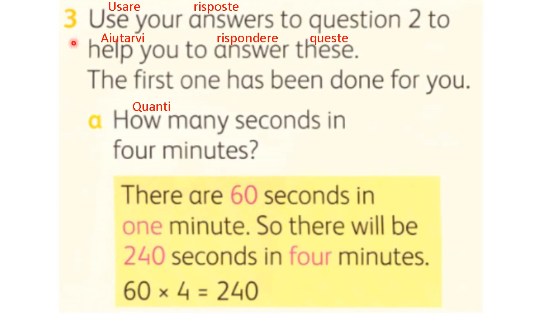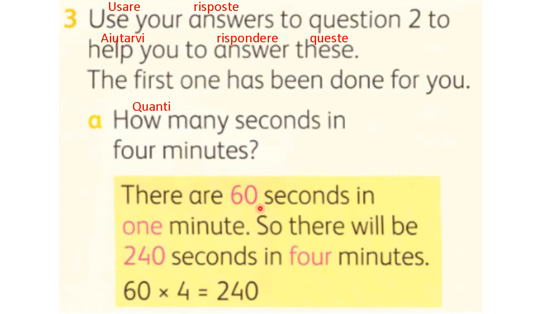Question number 3. Use your answers to question 2 to help you to answer these. The first one has been done for you. A is an example of how to answer the question. How many seconds in 4 minutes? This is the answer.